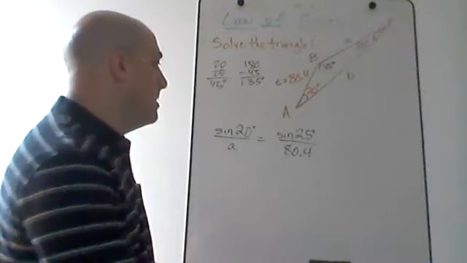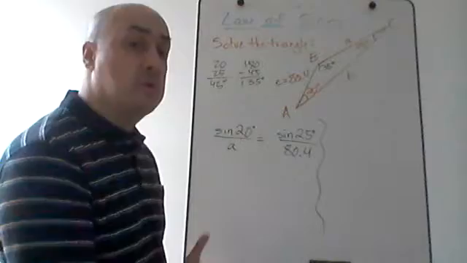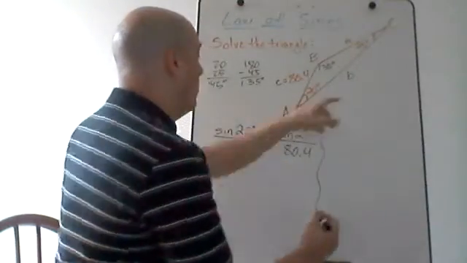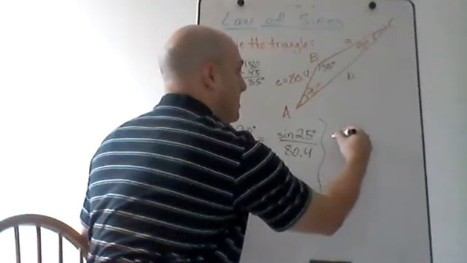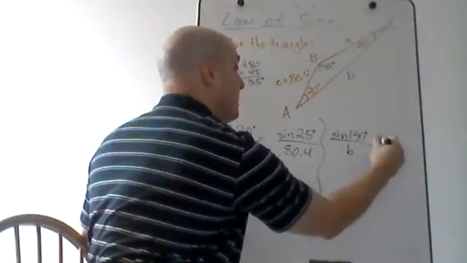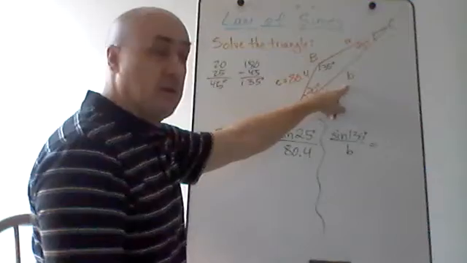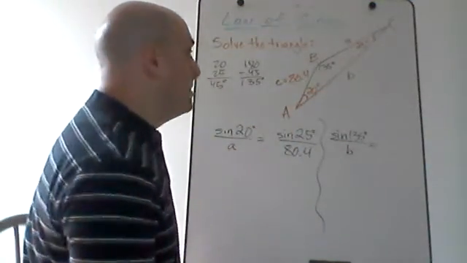So that's going to be one thing I have to do here, and while I'm at it, I might as well set up the other proportion that I need to solve this. To solve for side B, I would have to do the sine of angle B, so it's going to be the sine of 135 degrees over side B. So the sine of the angle over the opposite side is equal to the sine of any other angle over its opposite side.